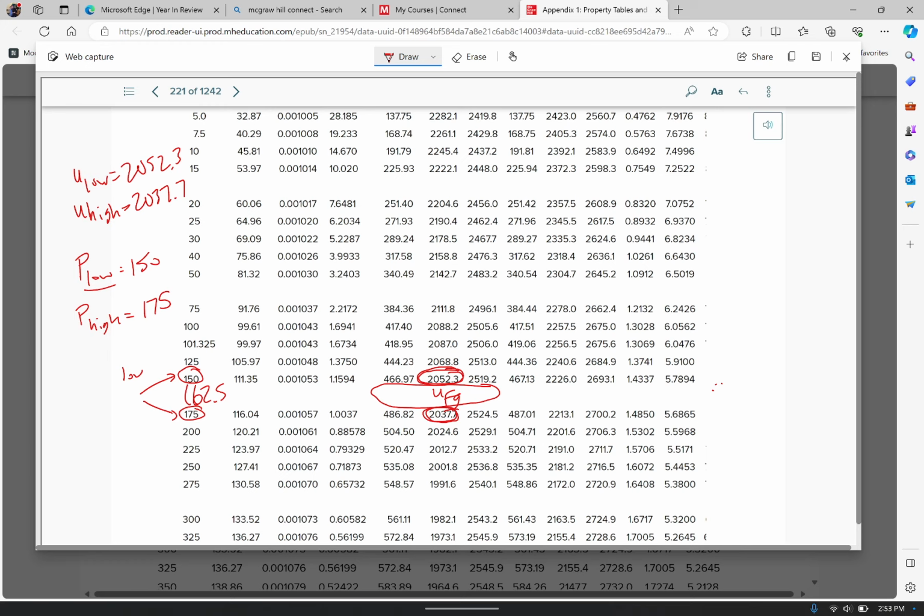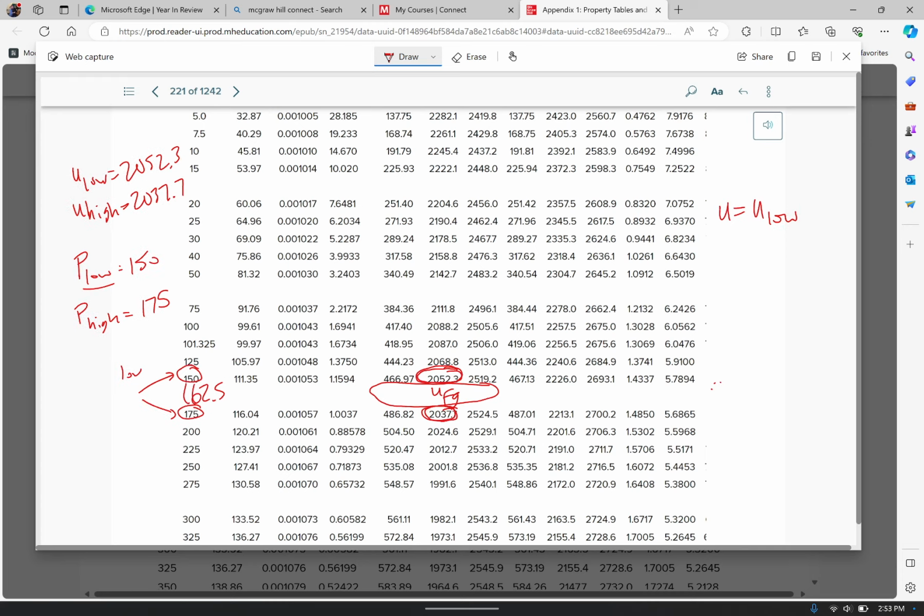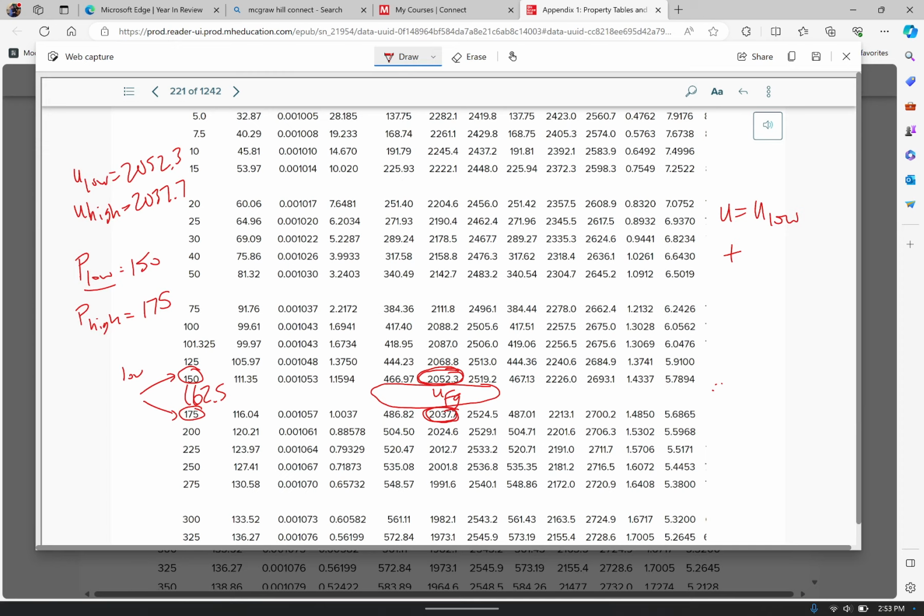Okay, now that I've had that, it's time to write out my interpolation equation. This is the same regardless, and it's not too bad. So U is equal to U low. I'm saying that this is equal to my lower value, and I'm going to add something to that. What am I adding to it? First off, I have to give myself a way to know where I am.